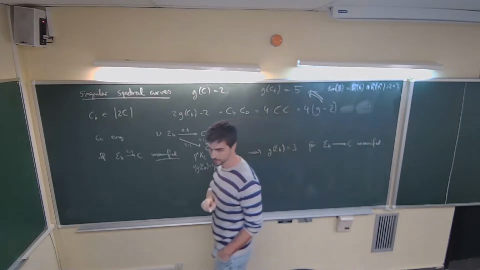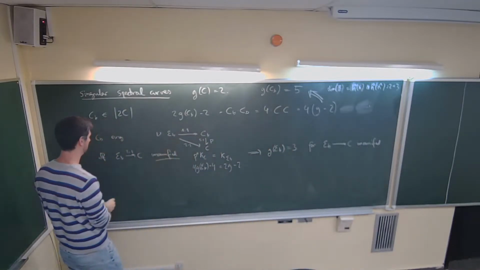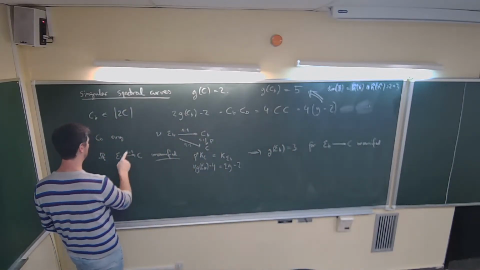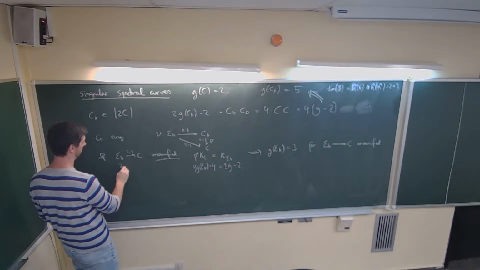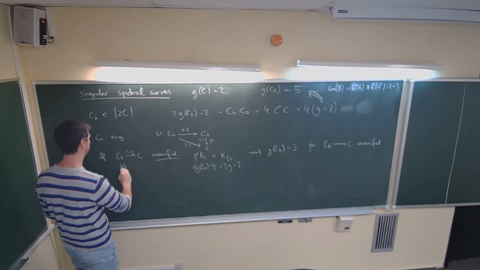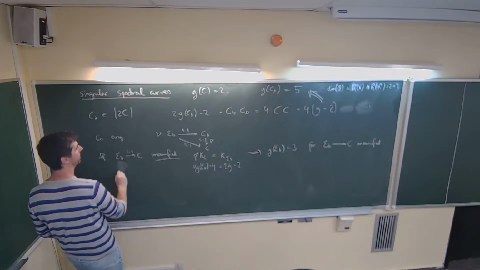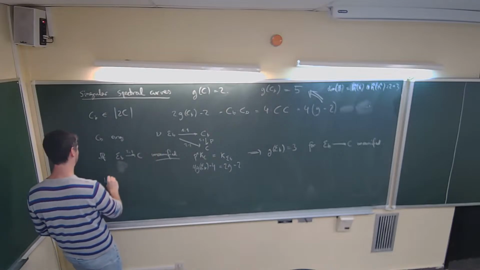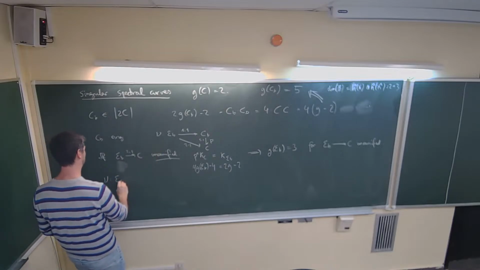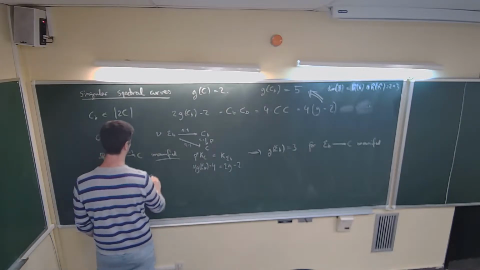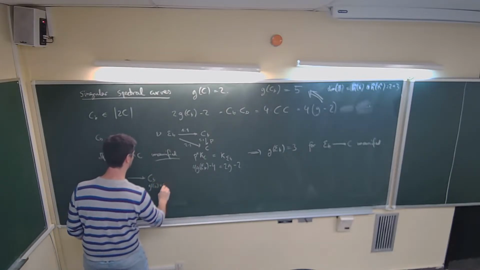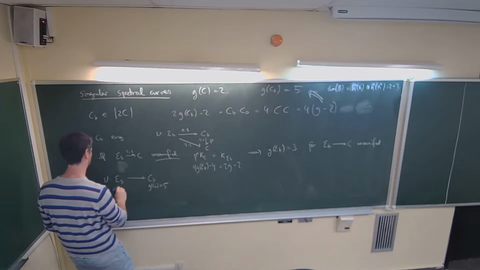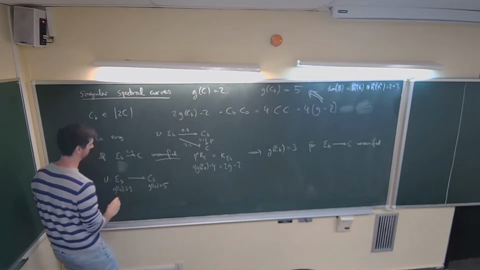And we have a genus 5 curve here, so the normalization has genus more than 3.